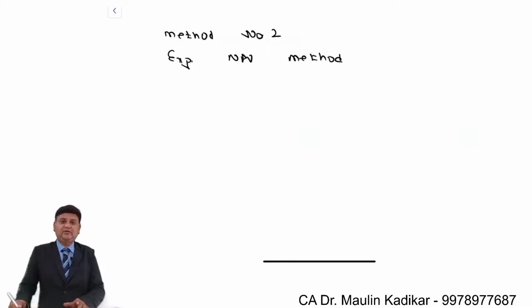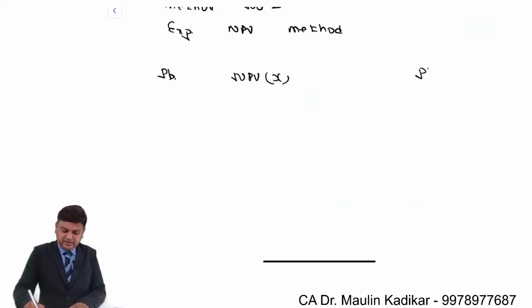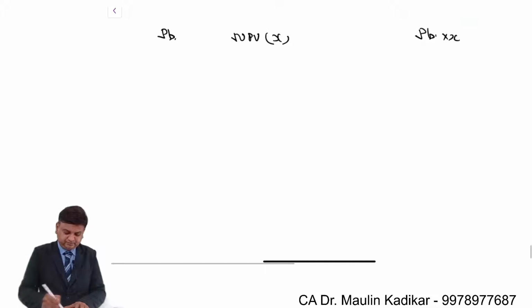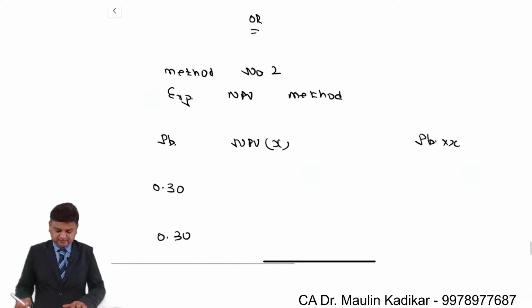Dear student, we already have calculated NPV in the different scenarios. So what you can do, probability and NPV, I assign x variable to it, probability into x. So there are 30% chances, another 30% chances, and 40% chances.